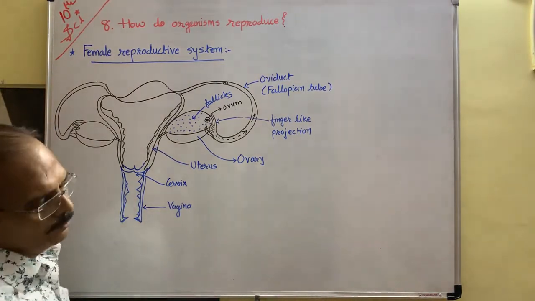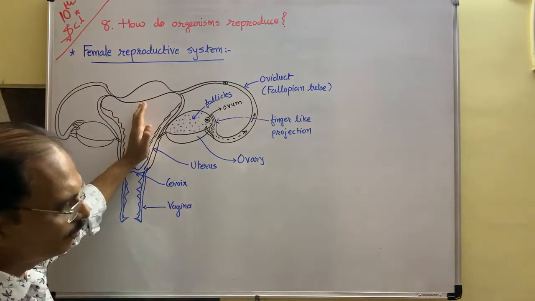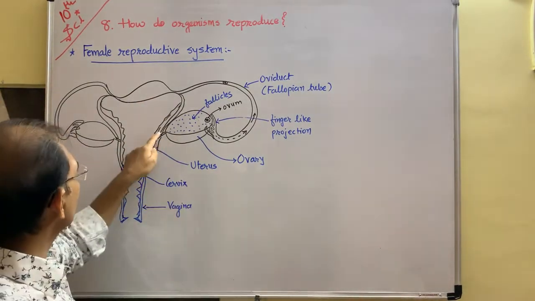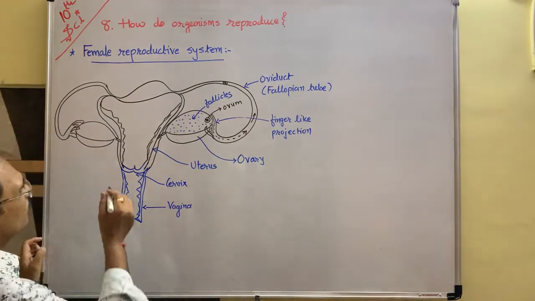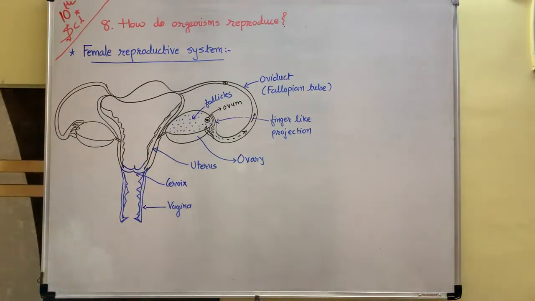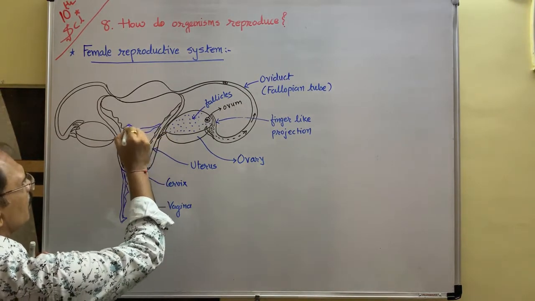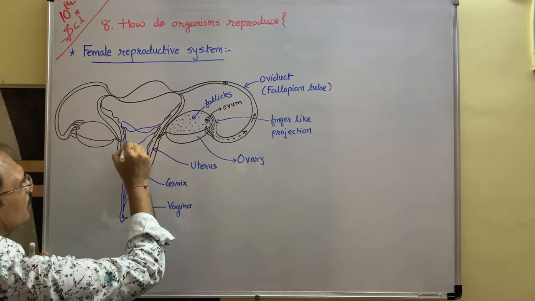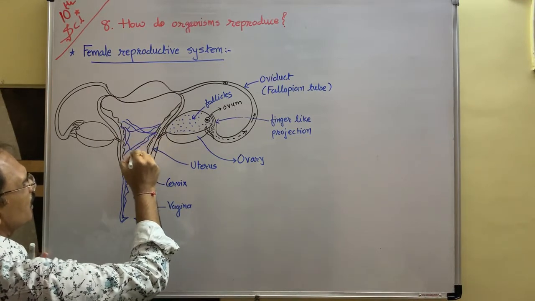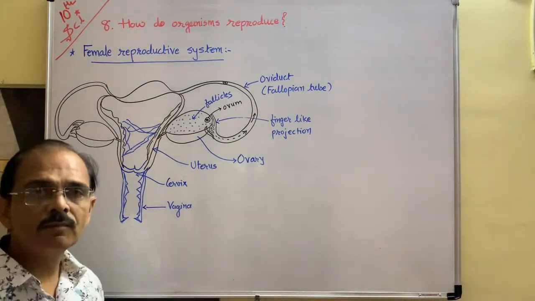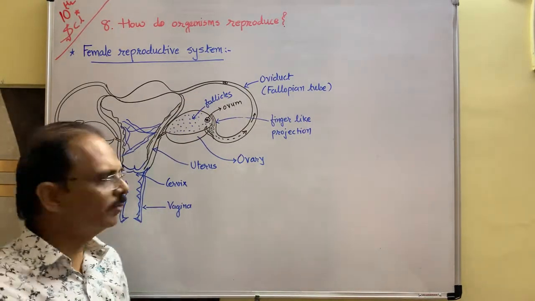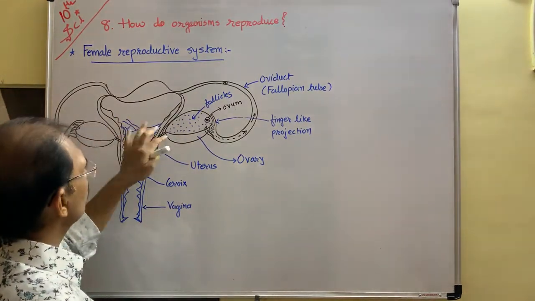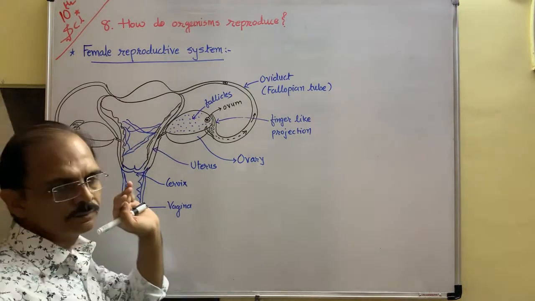Now at that time in the uterus, the uterine wall becomes thick naturally, and it produces blood capillaries and blood vessels in a net-like structure. It produces this type of structure so that if the sperm meets the ovum and a zygote or embryo is formed, then it can hold the embryo in the uterus.